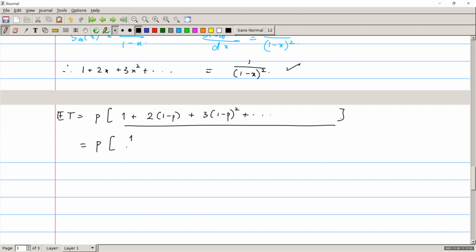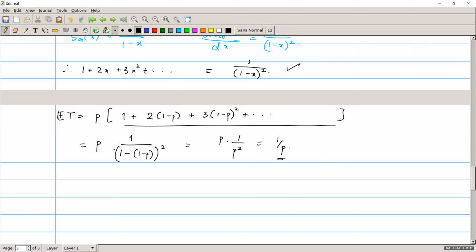Right, so you replace x with 1 minus p. Okay, and that's all that is happening. Right, so this is p over p squared, which is 1 over p. Okay, this is actually very interesting.